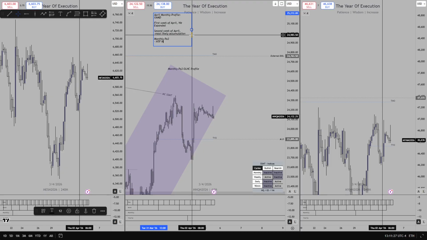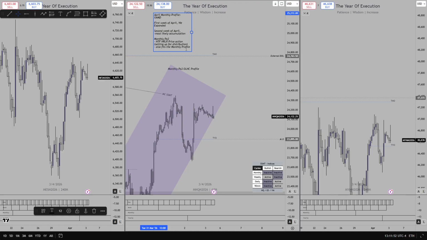High time frame, high resistance price action, setting up for distribution, also fits the monthly profile for the third week manipulation.